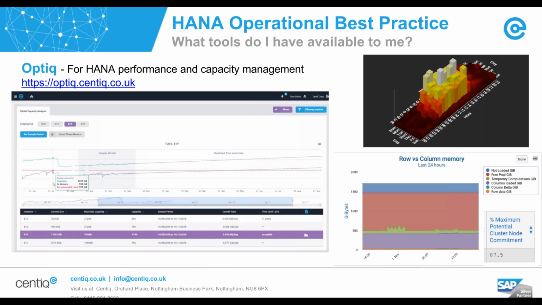Capacity planning and performance management in particular, and getting to the root cause of problems as quickly as we can remotely, is a key important thing for our managed service. So take a look at the Optic website for information about this product.